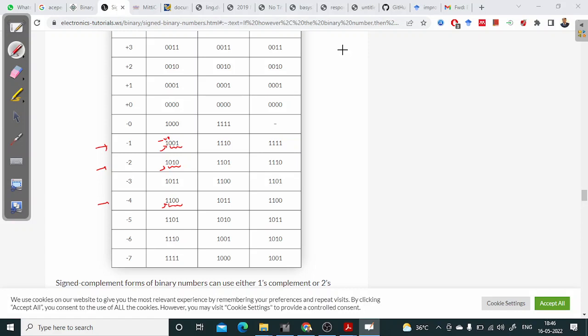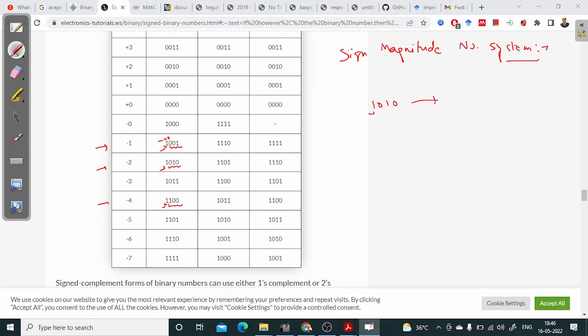Just for repeating, sign magnitude number system. For example, if the number is, let's say, 1010 in sign magnitude, then what is its actual value?